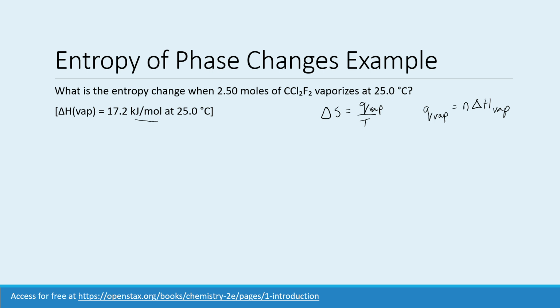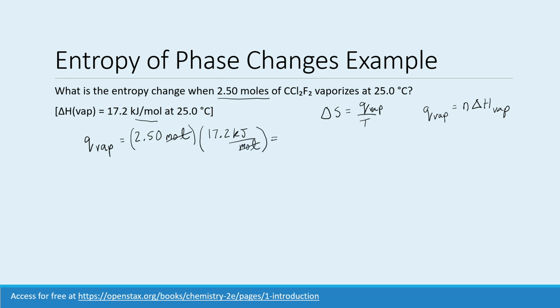Okay, so if we want to find the value of Q of vaporization, we have 2.5 moles of our substance, so 2.50 moles, times our delta H value of 17.2 kilojoules per mole.